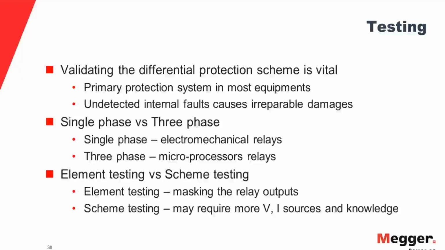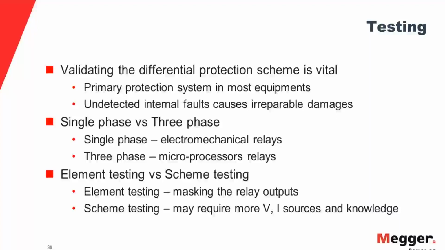So you need to validate the protection schemes. On top of that, let's take a transformer for example. If you have an internal fault in a transformer and you're not clearing it soon enough, those undetected internal faults could cause serious, permanent damage to the windings of the transformer.